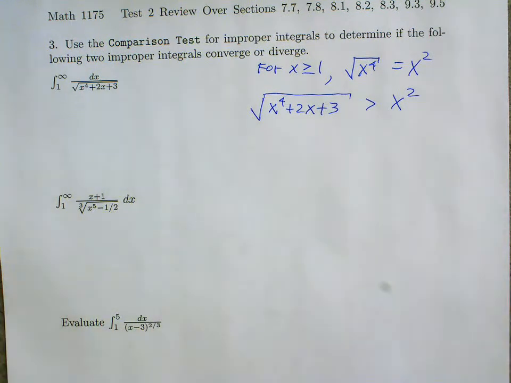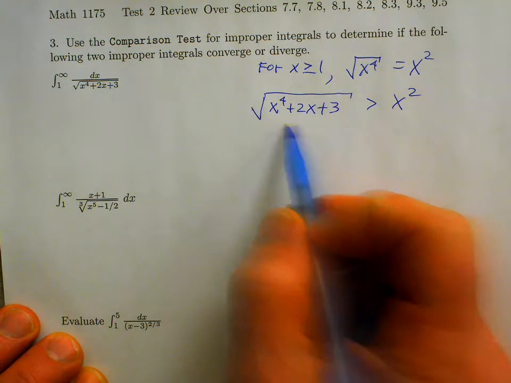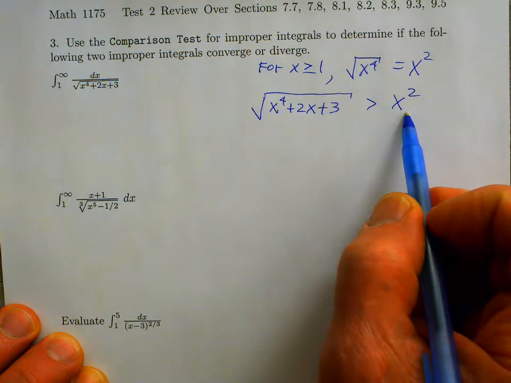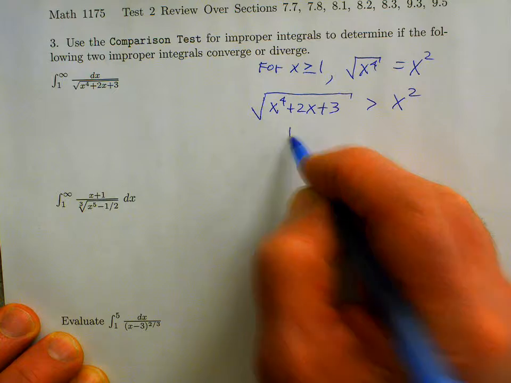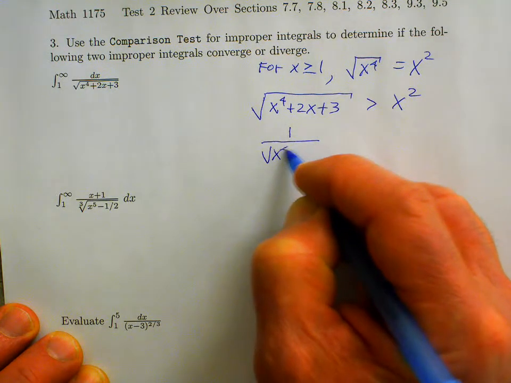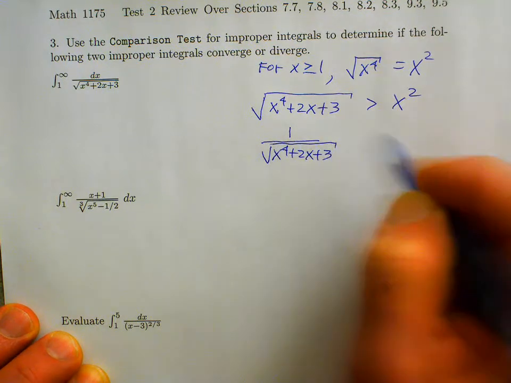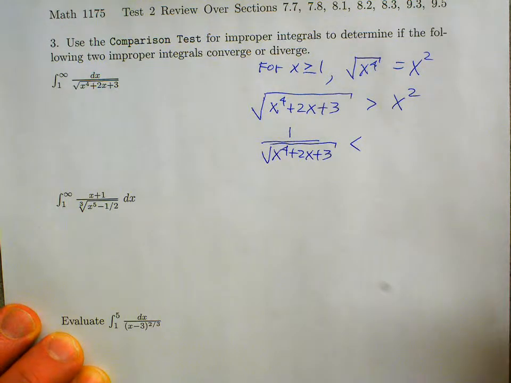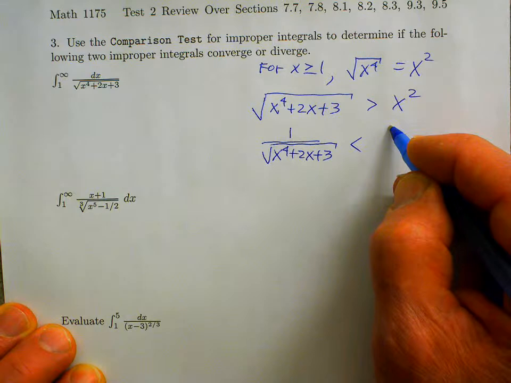Are we in agreement? Okay, then remember, if a positive number is greater than another positive number, the reciprocal of the greater number is going to be less than the reciprocal of the other number.